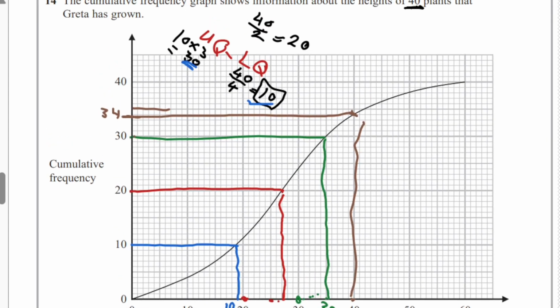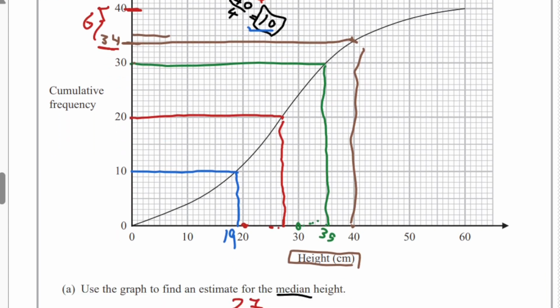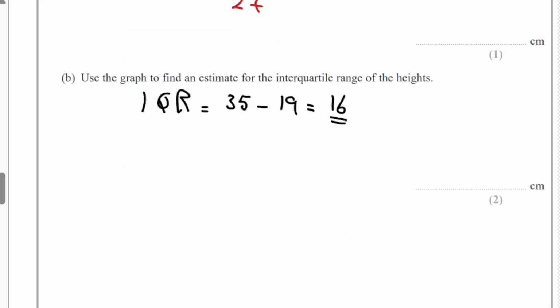Greater than 40 will be the ones above the 34. Since the total is 40, the 40 is here. So it's just going to be up to this point here. So 40 minus 34 is 6. That means there are just 6 plants that are more than 40 centimeters height.